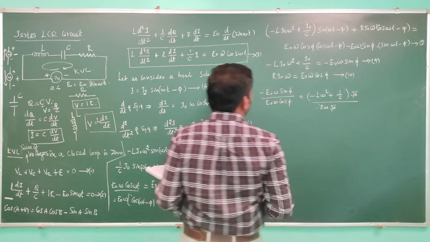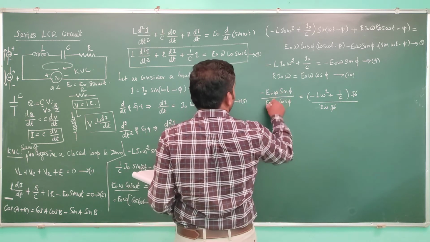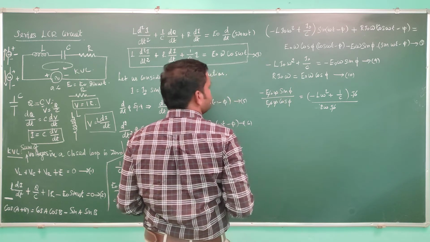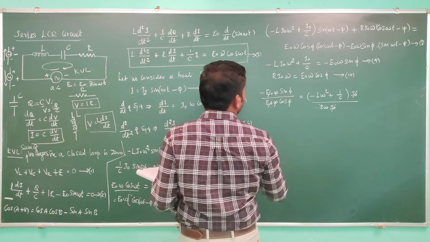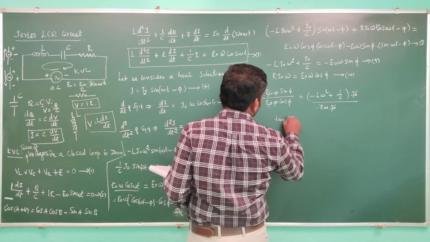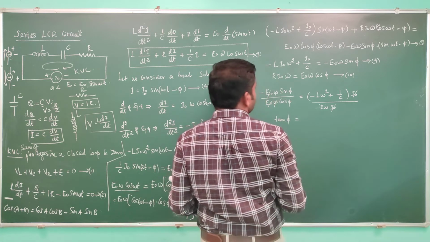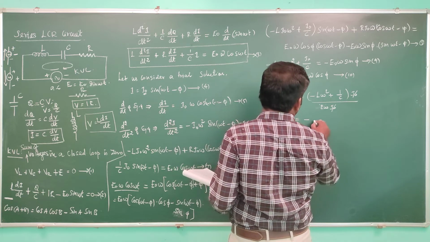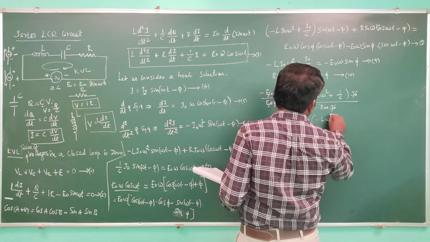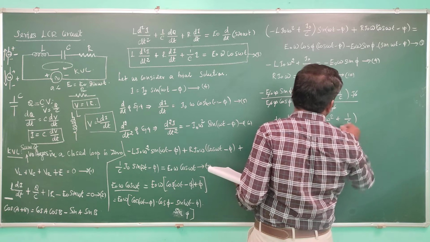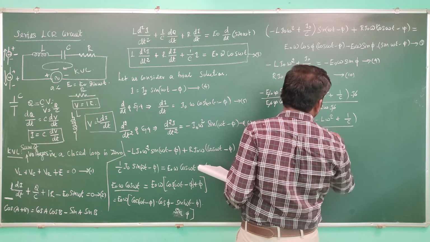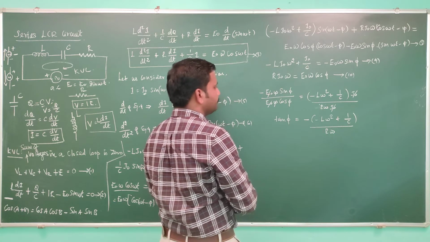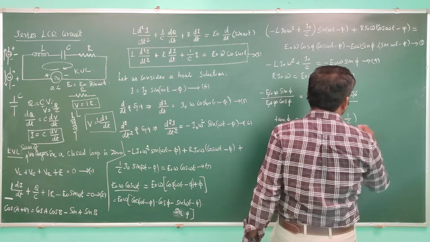I naught will cancel, E naught omega will cancel, so the remaining is sin by cos, which becomes tan phi, equal to minus of (minus L omega square plus 1 by C) divided by r omega. Or we can rewrite this equation.